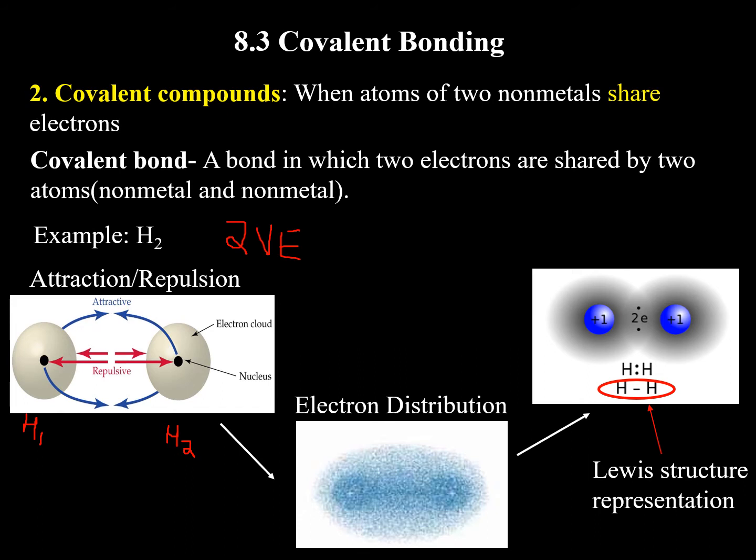So repulsion takes over, and then there's a nice medium to give us the bond length for H2. But I just want to show you here, this is the Lewis representation of H2, where this line in between represents a bond, and it's a sharing of electrons.